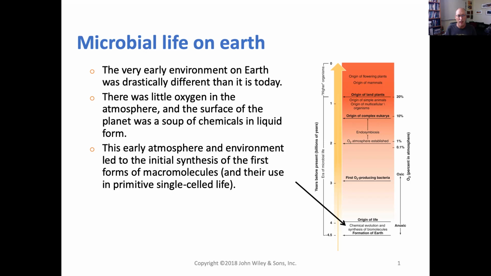The Earth was very hot still, so we have these hot oceans that had a bunch of prebiotic chemicals in them, things like methane and hydrogen and nitrogen gas, probably some ammonia, things like that. So how did we get from that prebiotic soup to the ancestor of all life on Earth as we know it now?